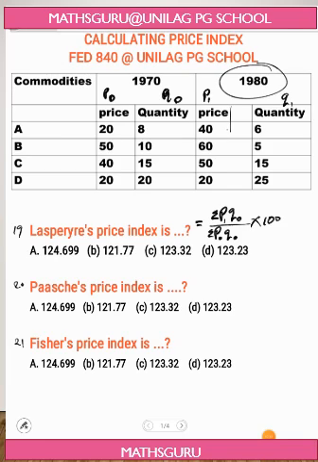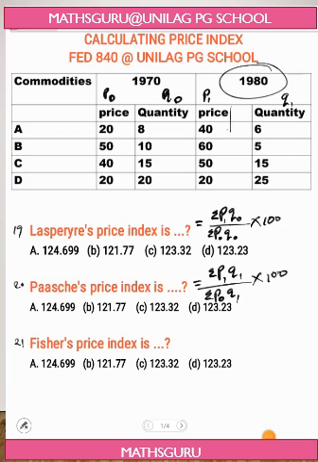To calculate the Paasche's price index, we use the formula summation P sub 1 Q sub 1 over summation of P sub 0 Q sub 1, and then multiply it by 100.